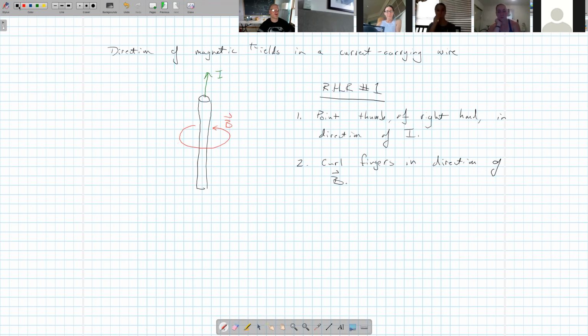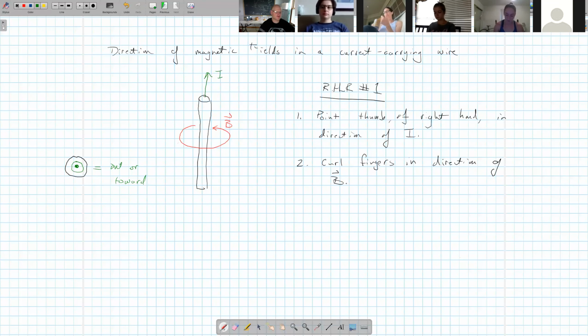So let's do a couple more examples. Let's say here's my wire. It's going to be pointing in this direction, so it's perpendicular to the page. And let's say I have current running out of the page. Anytime I draw a dot with a circle around it, this equals out or toward you. So in this case, out of the page or toward you.